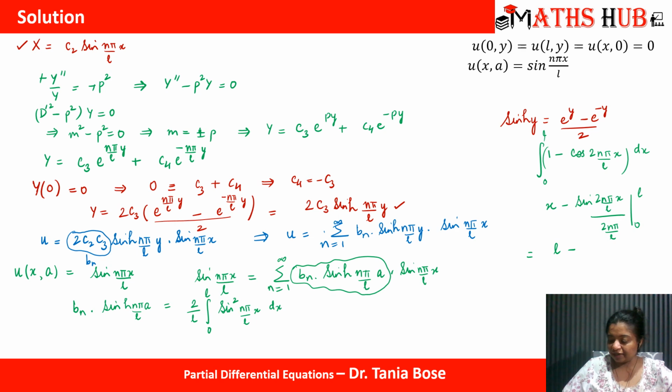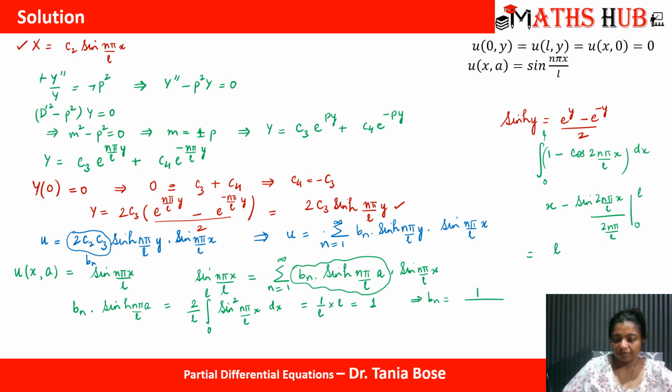So the only term that is left from here is L, right? So when I put it back in this integration term, I will get 1 by L multiplied by L, which is equal to 1. So from here, what will be Bn equal to?